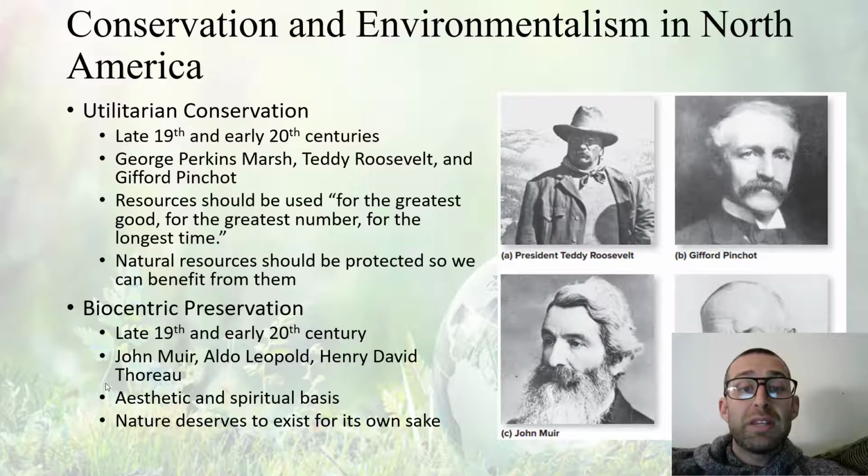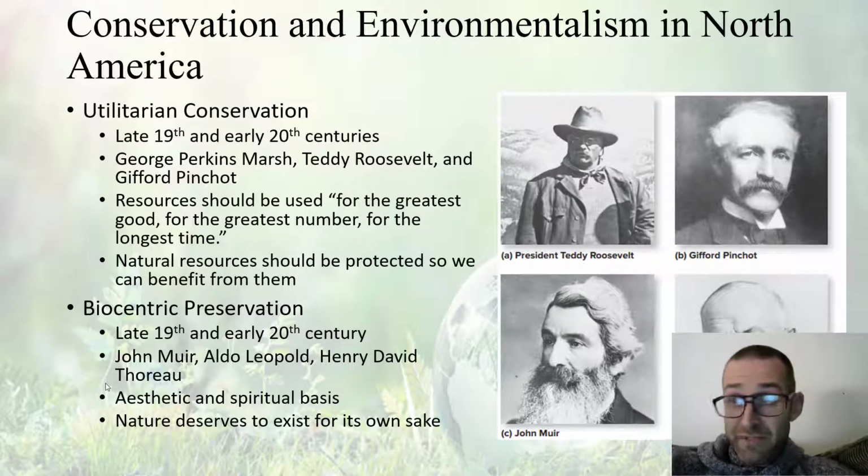Essentially, these ideas say that nature deserves to exist for its own sake. So there is inherent value in nature or the environment and it should be protected because of that inherent value, no matter if it gives us any utility or any benefit at all. So it's a different viewpoint of why we should protect nature.